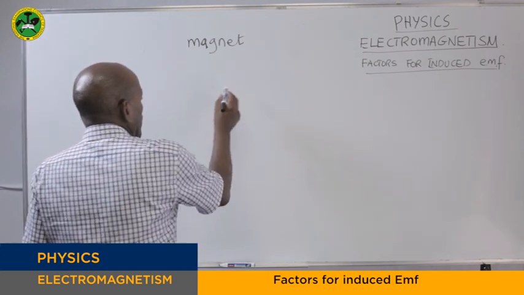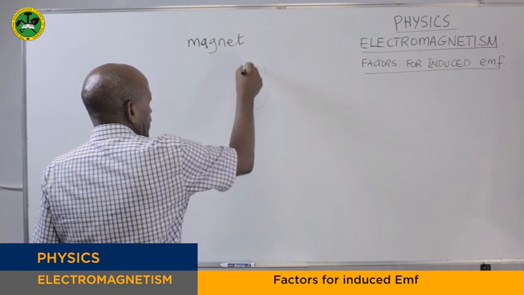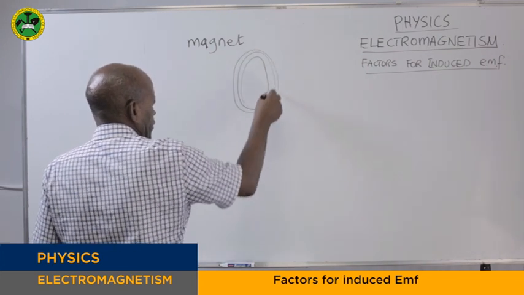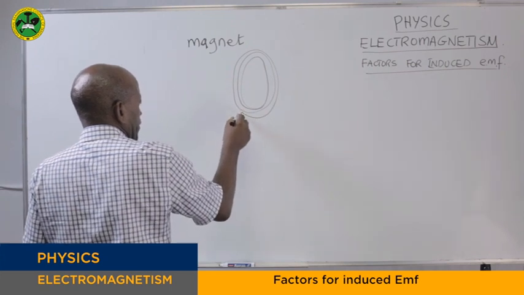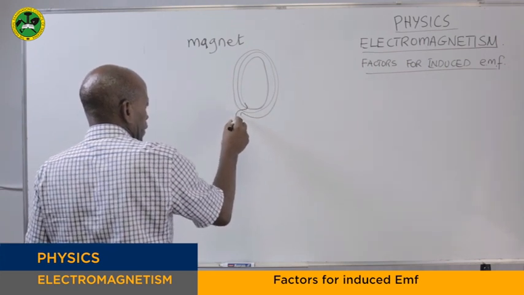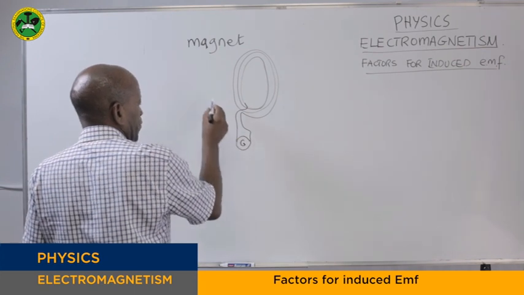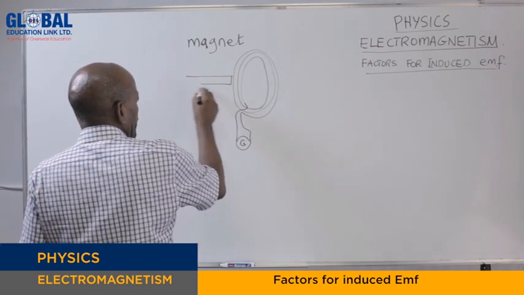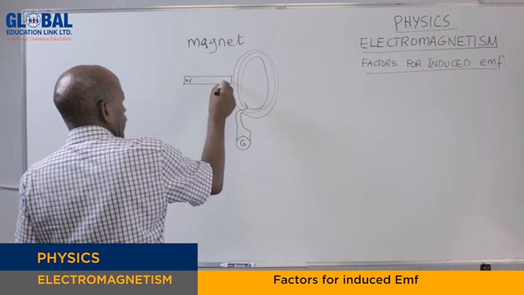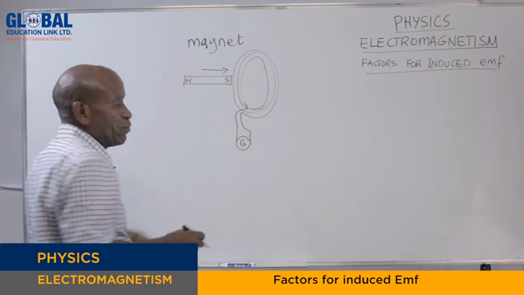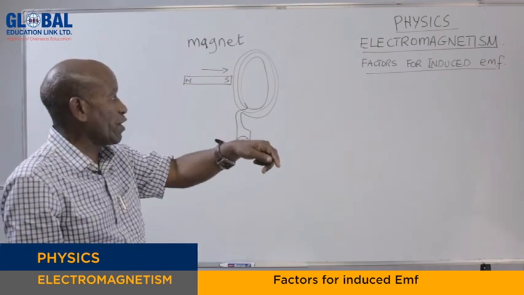For example, let's say this is a coil of a certain number of turns, and this coil is joined to a sensitive galvanometer, G, and a magnet with a north pole and a south pole is moved towards the coil.